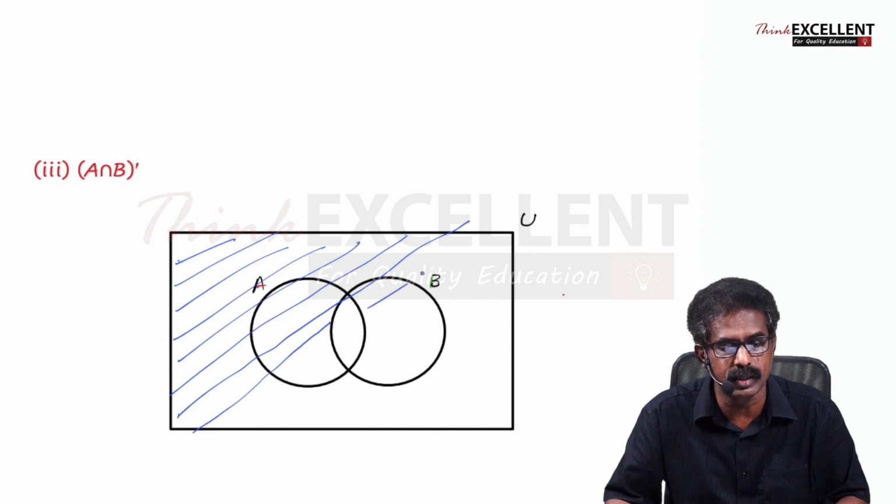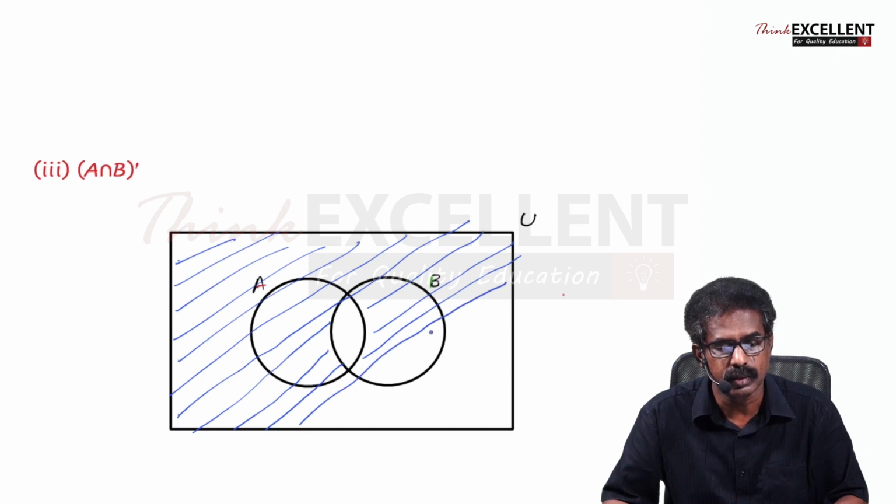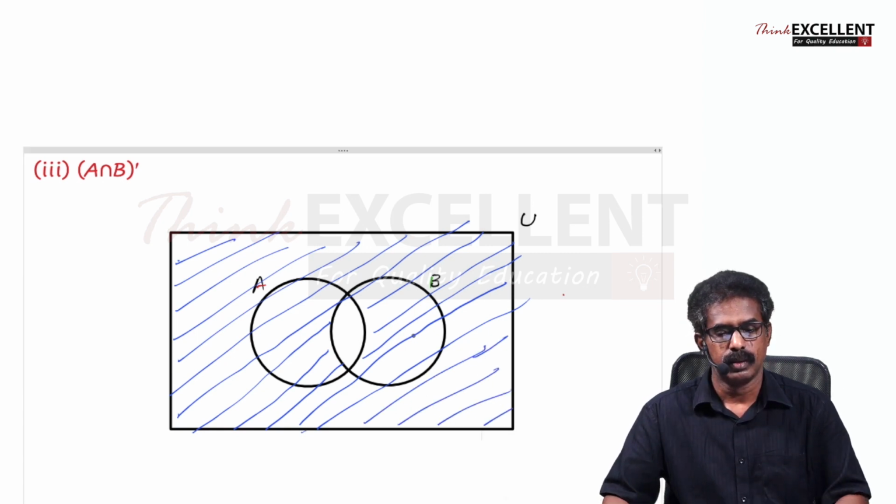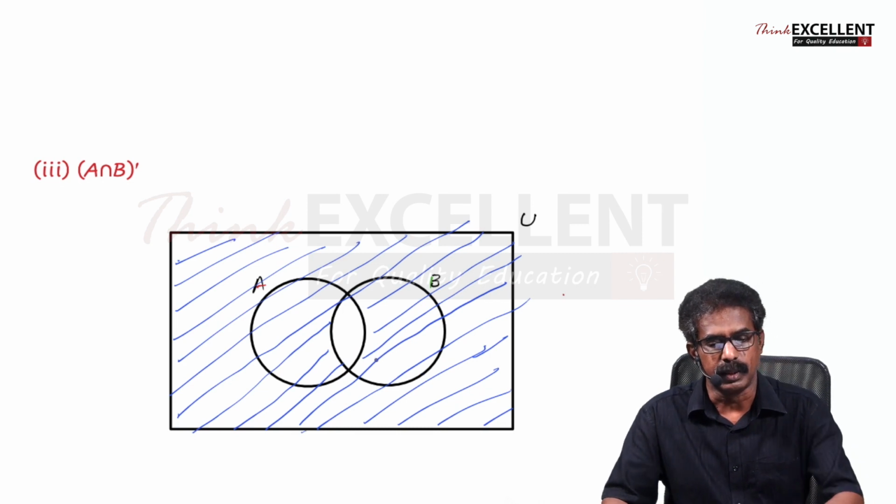You should not cross that portion. Using a scale, you can draw very easily, just draw straight lines. Now the remaining you just have to shade. Okay, this portion is A intersection B the whole dash.